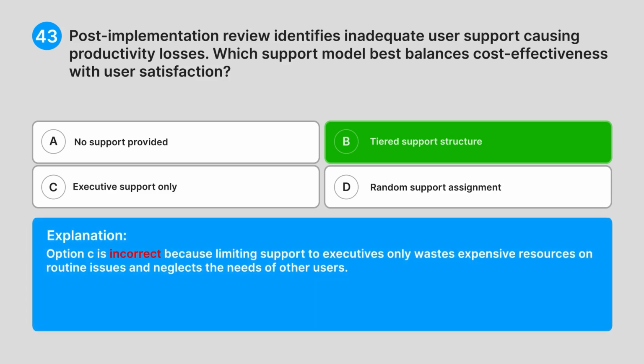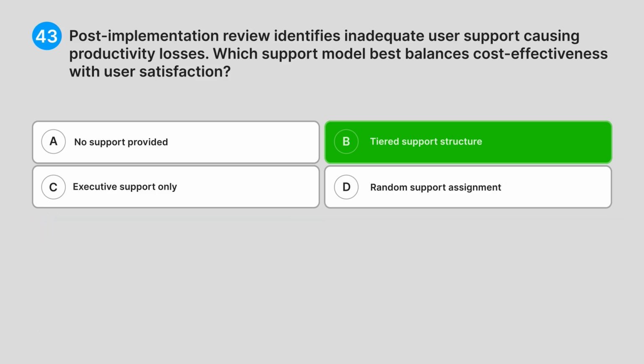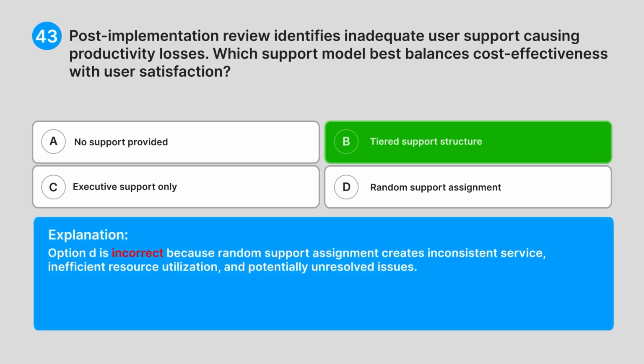Option C is incorrect because limiting support to executives only wastes expensive resources on routine issues and neglects the needs of other users. Option D is incorrect because random support assignment creates inconsistent service, inefficient resource utilization, and potentially unresolved issues.